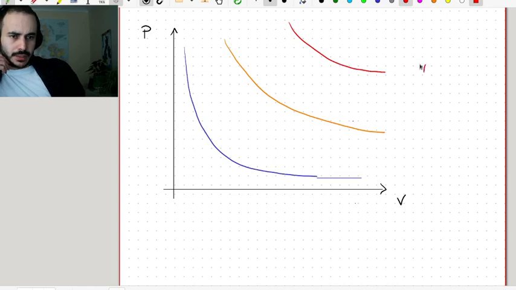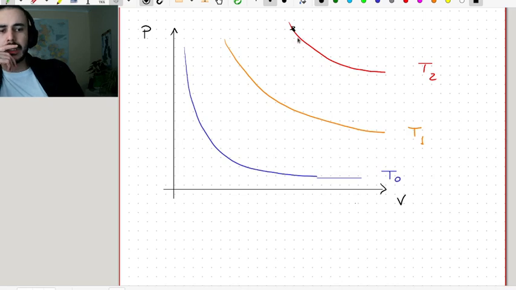So we can say this is T2, and this is T1, and this is T0. Maybe if it's blue, it's more consistent. Okay, good. So we can make any cycle you like, really. This is just made up. It doesn't really matter as long as it's a cyclic process. It doesn't have to be reversible. So it's any cyclic process.